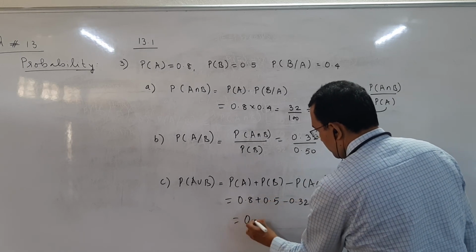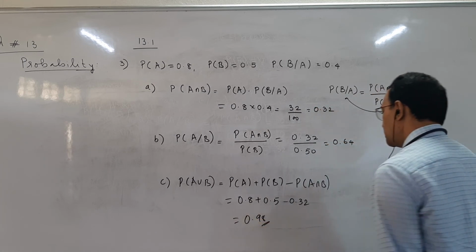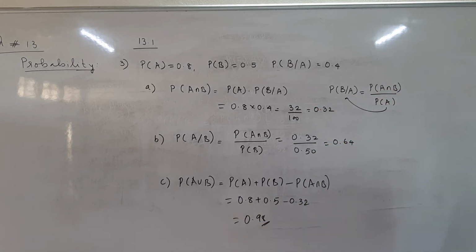So this will be 0.98. So the final answer is 0.98 students. This is very simple. It is based on the formula addition law for two events.